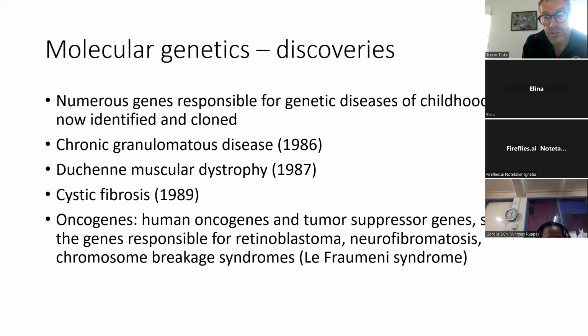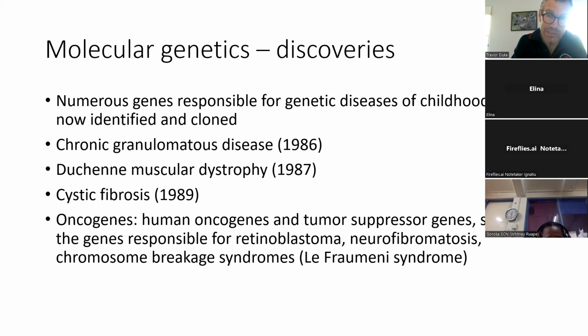Because of all these changes, a whole lot of other diseases were identified. For example, chronic granulomatous disease in the 80s, an inherited disease of immunodeficiency, where children are much more likely to get certain bacterial infections. They're more likely to get Pseudomonas, Neisseria meningitis, and Staph aureus infections.